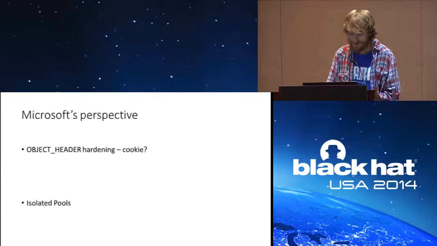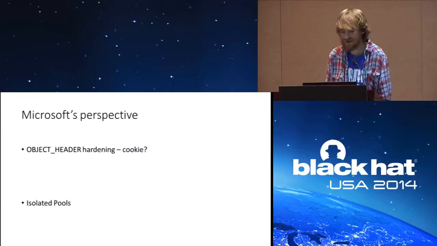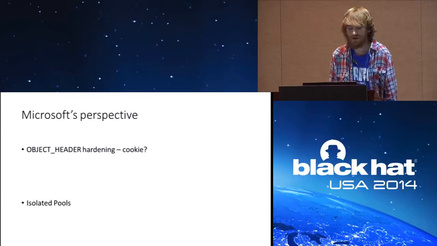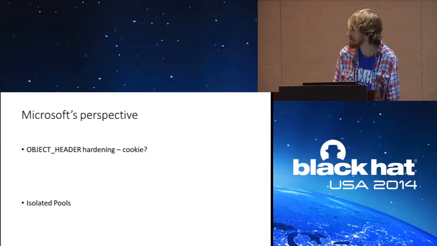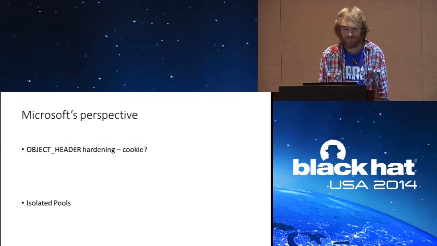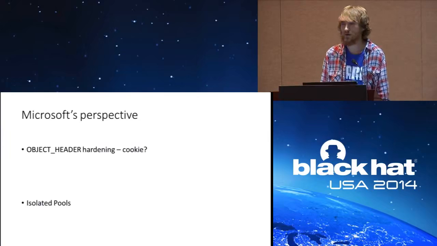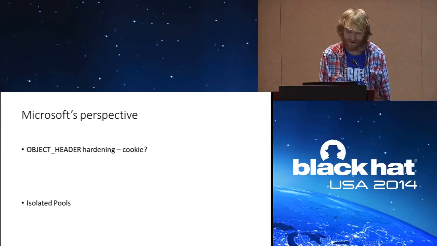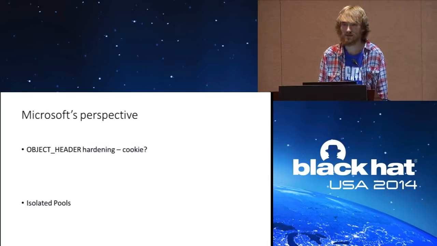But talking about Microsoft, I think maybe they could inject a cookie in the object header and check every access to the smashed object, like a stack canary. But in my opinion, the best way is what Microsoft actually did recently for user mode: isolated heap for IE. But what if they make the same for kernel, isolated pools?